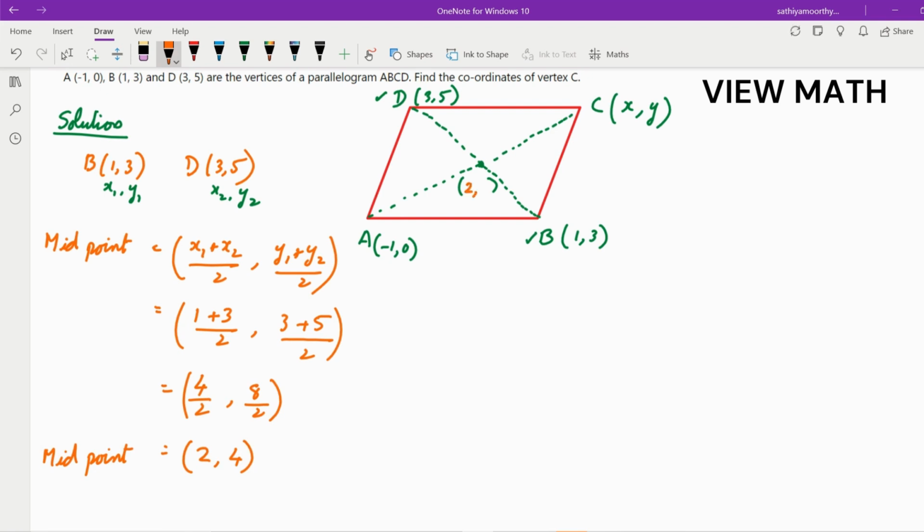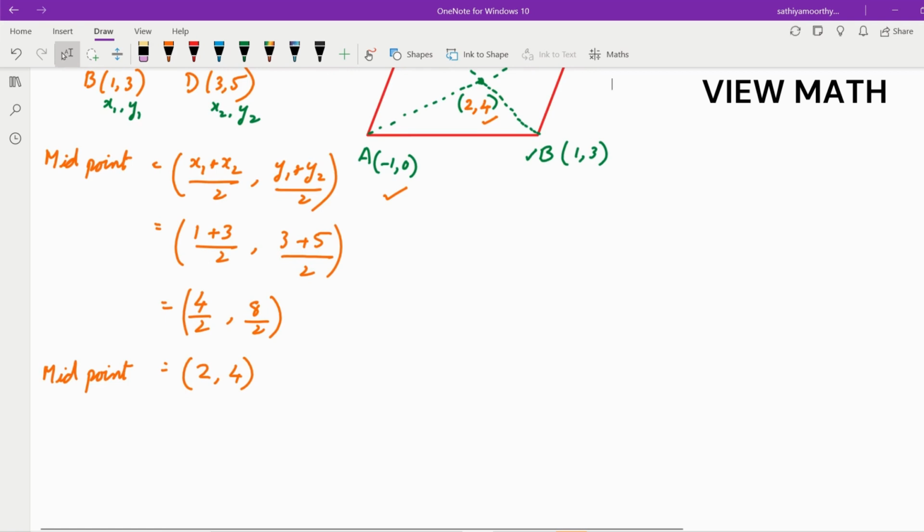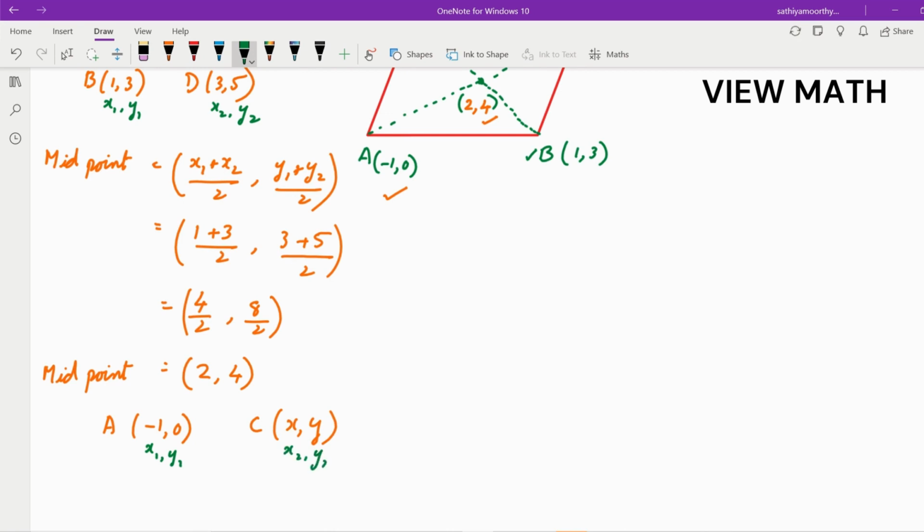So I have found the midpoint, (2, 4). Now I know the A coordinate and I know the midpoint. Again I'm going to use the midpoint formula for the diagonal AC to find the C coordinate. The midpoint I know, the A coordinate is (-1, 0), and the C coordinate is (x, y), which I have to find. This is my x1, y1 and this is my x2, y2.